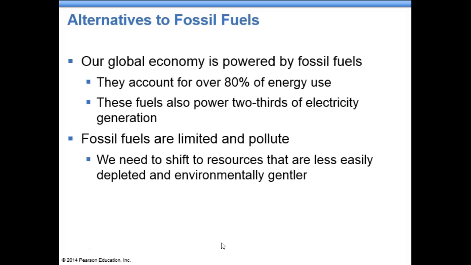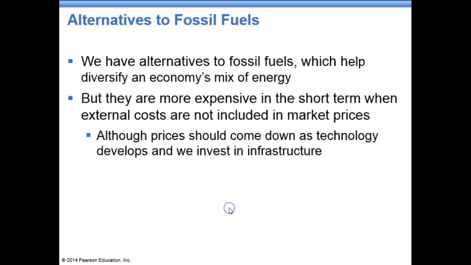And as our technologies develop and we invest in infrastructure to better transmit power from these new renewable resources, the prices will come down further. And this will help us transition towards these new energy sources.